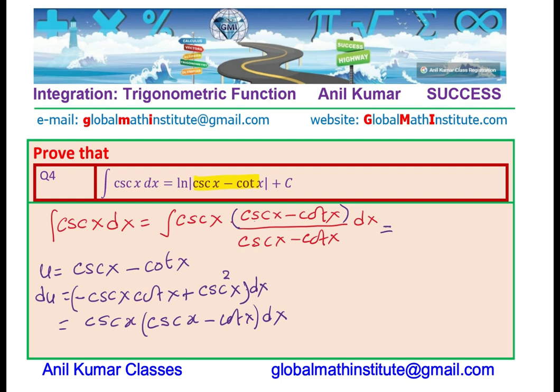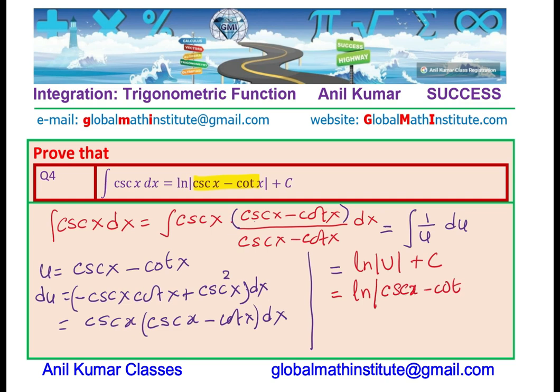Makes sense, right? So now I can write the integral of 1 over u du, perfect, which is definitely equal to ln absolute value of u plus c, which is ln absolute value of cosecant x minus cot x plus c.